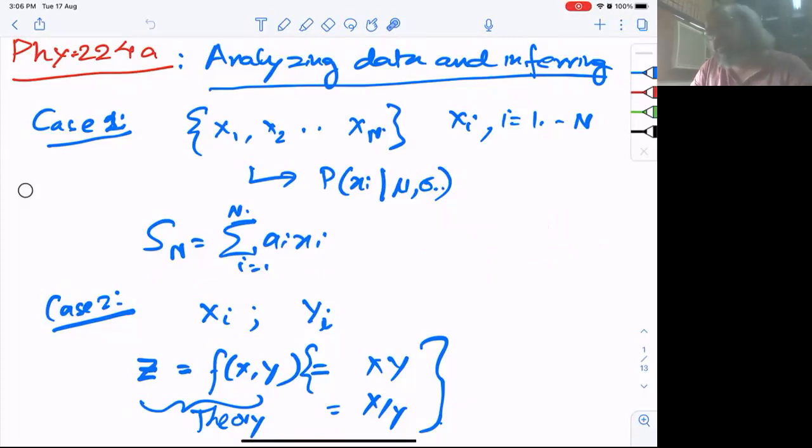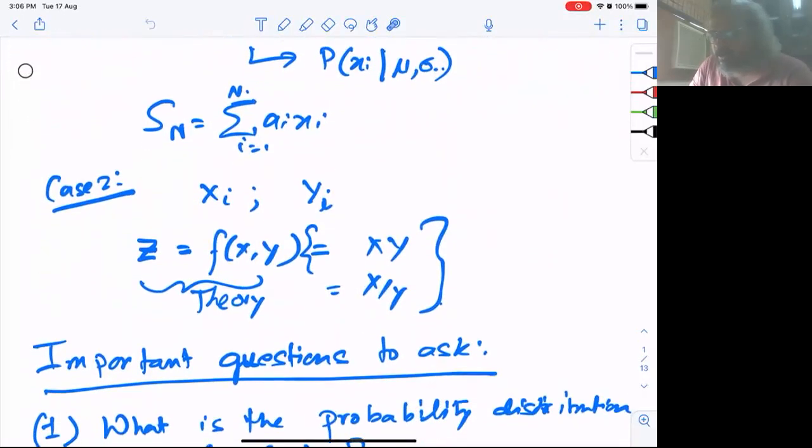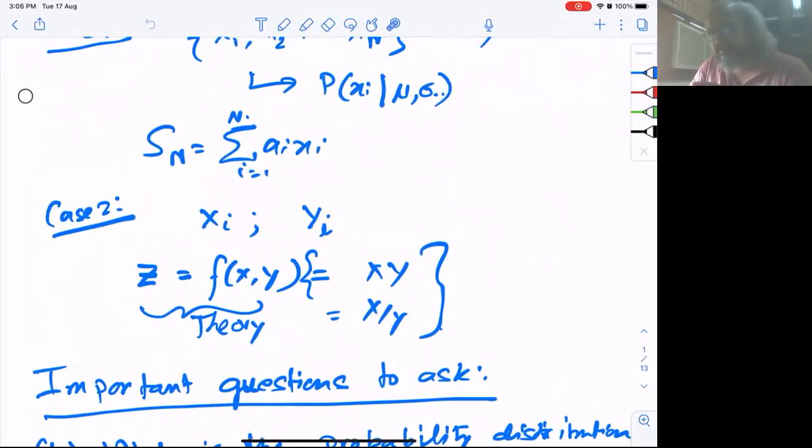What is the distribution of this mean? This is a very fundamental question. Please make sure you understand it: we have n random variables, and with them we can create other functions which are also random variables, like a sum, a weighted sum, and so on. What are those distributions?